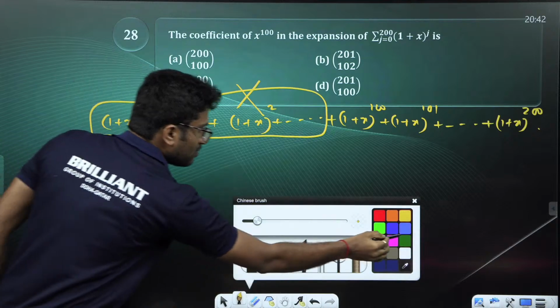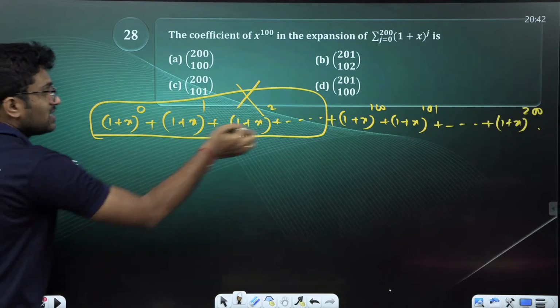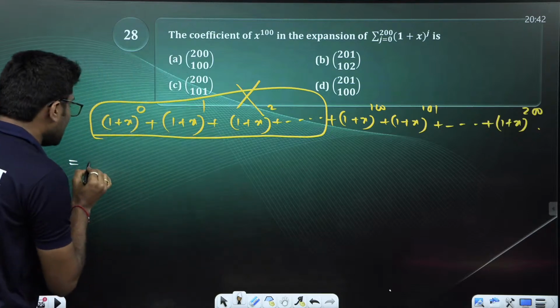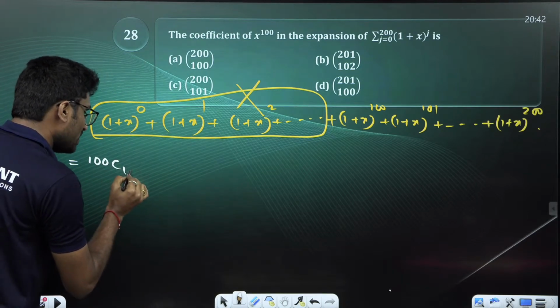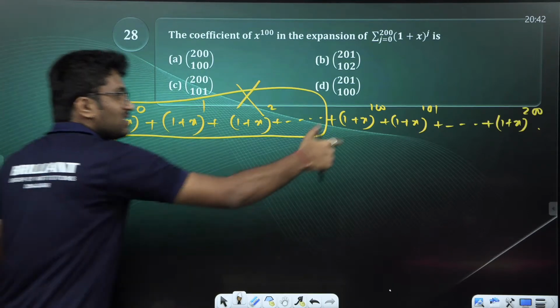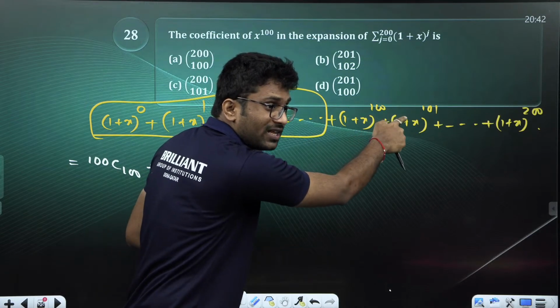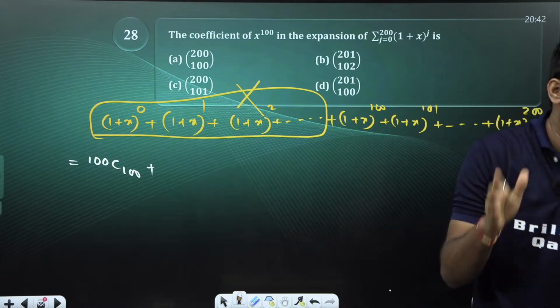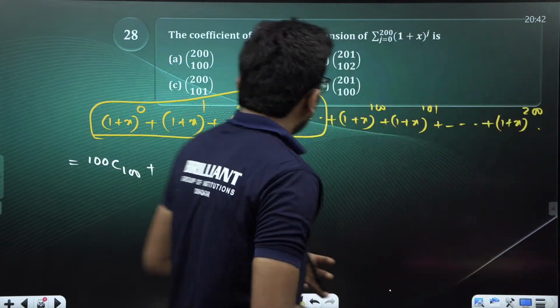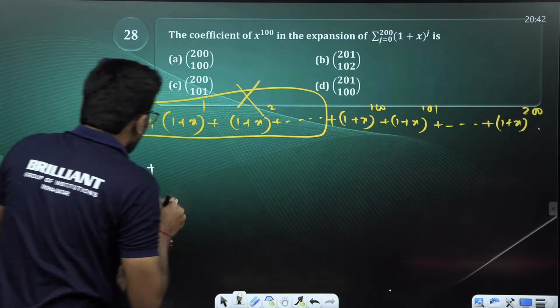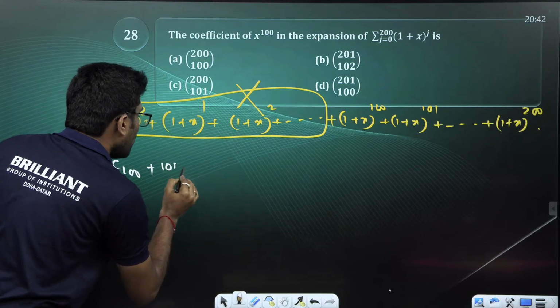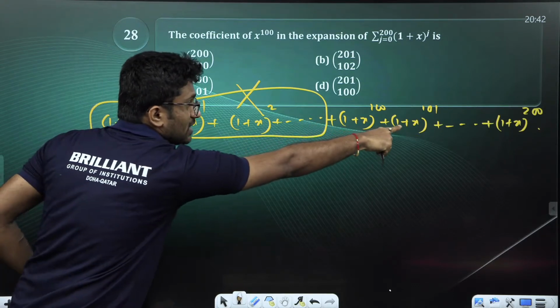Now, starting from this, what is the coefficient of x power 100 in this? Is it 100C0 or 100C100? What is the coefficient of x power 100 in this? In this one, 101C100 will be the coefficient of x power 100.